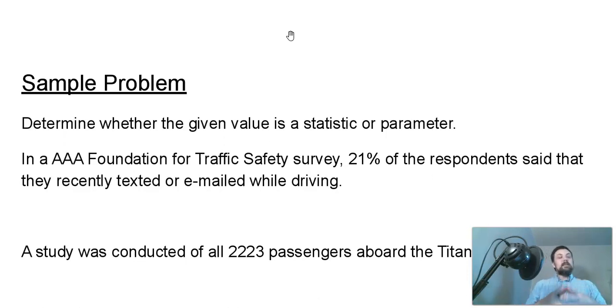Because I don't see language, and sometimes these problems are a little bit subject to interpretation, you could read further into it and say, well, maybe it was sent out to everybody, and maybe this 21% is data that was calculated from everybody that drives. But if it doesn't explicitly say something like that in the problem, you shouldn't assume that to be the case.